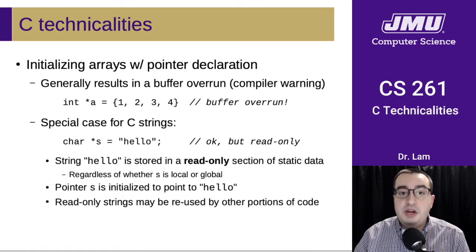However, there is a special case in C for C strings. If you declare a char pointer and you initialize it to a string constant, it will allocate space for that string constant in a special read-only section of the static data region, and it will initialize s to be a pointer to that string in memory, the null-terminated string.